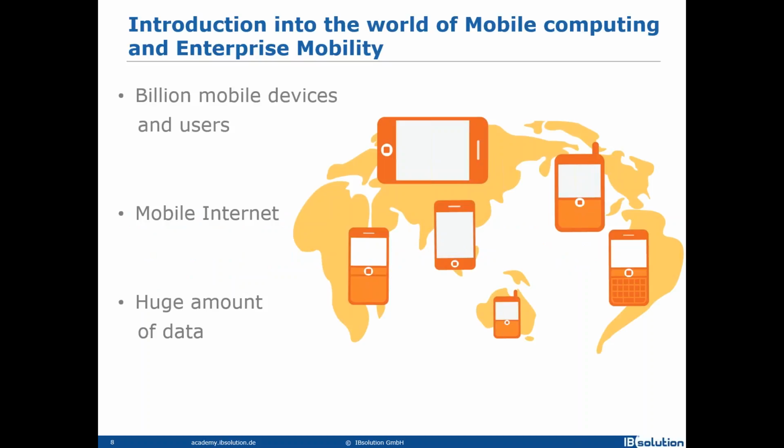That's probably happening because of the mobile internet, because if we didn't have internet on our mobile devices, we would probably not use them so often. And there are really huge transactions of data going to the device. Just imagine if every mobile device user types something in Google, how much data is going over the world in a single day.